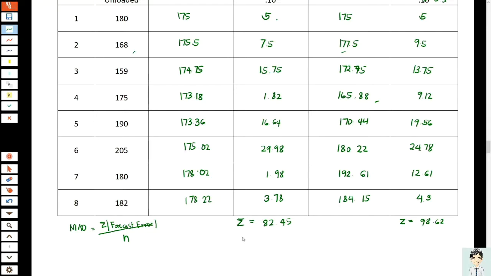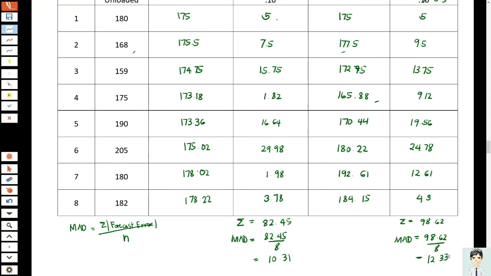So for the mean absolute deviation ng 0.10 natin is equals to 82.45 divided by 8, which is equal to 10.31. For the mean absolute deviation ng smoothing constant na 0.5, 98.62 divided by 8 is equals to 12.33.